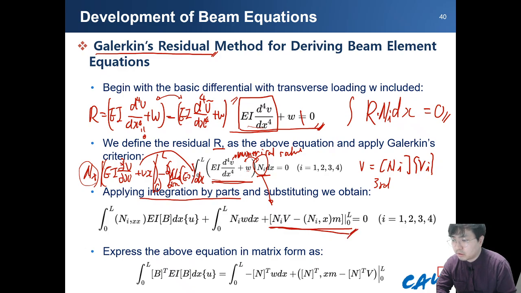So we can say that. I didn't prepare the details, and I don't have enough space, but anyway, this notation ni comma x indicates the derivative, and xx indicates the second derivative.